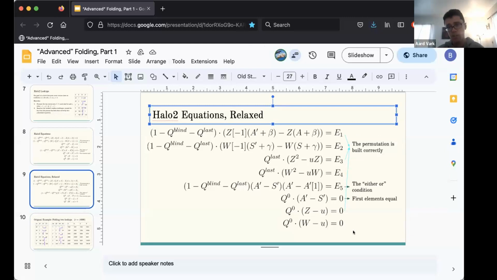So for linear equations, these last 3 equations are linear, you don't need any error term. But you do need the U. Whenever you have a solution to the plain vanilla Halo equations and you upgrade them to relaxed equations, you plug in U equals 1, but when you take this linear combination, of course, U will become something other than 1. So that's why you need the U.